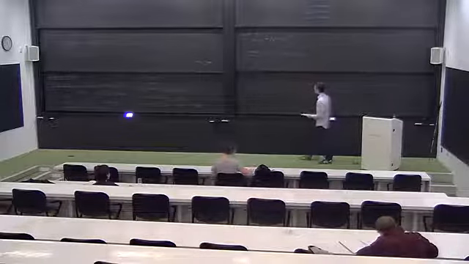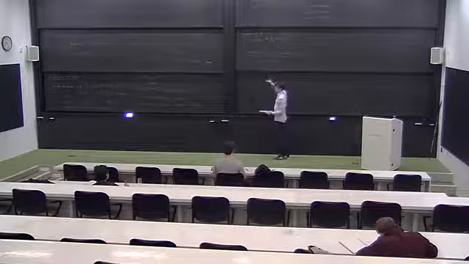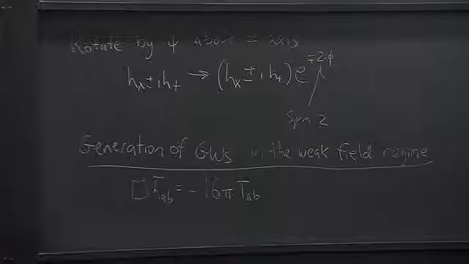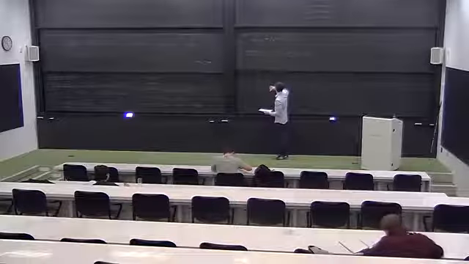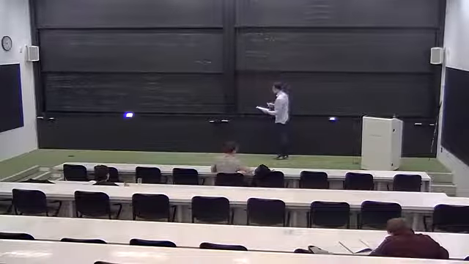So the idea of a Green's function is, instead of choosing some source and then trying to solve it, let's solve it once and for all in such a way that we can reconstruct it for an arbitrary source.